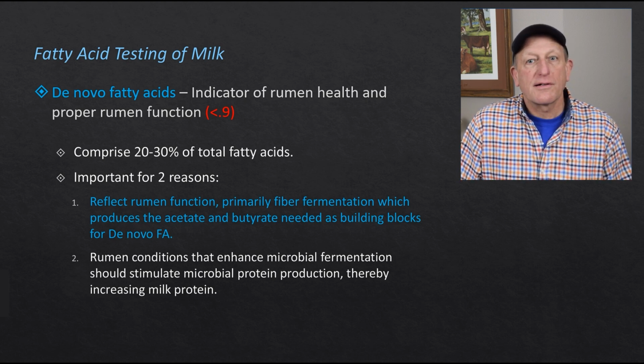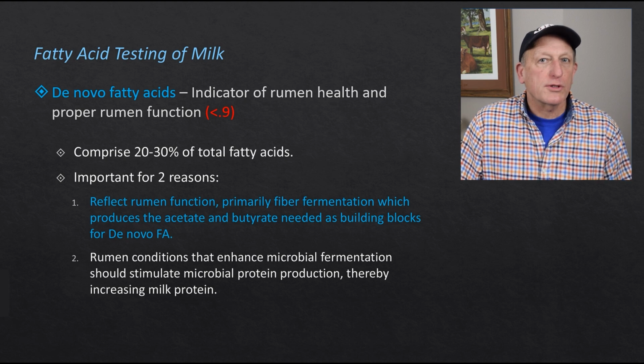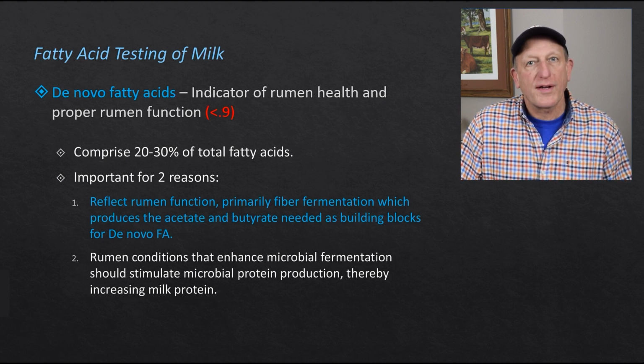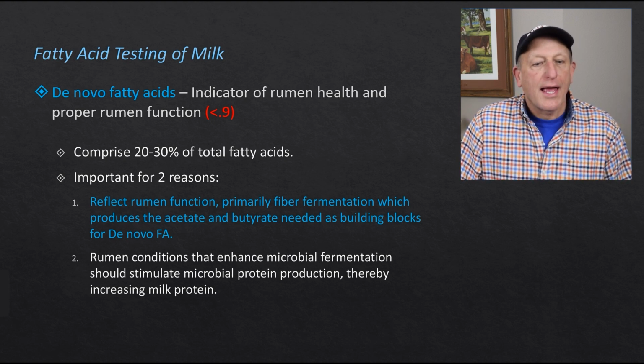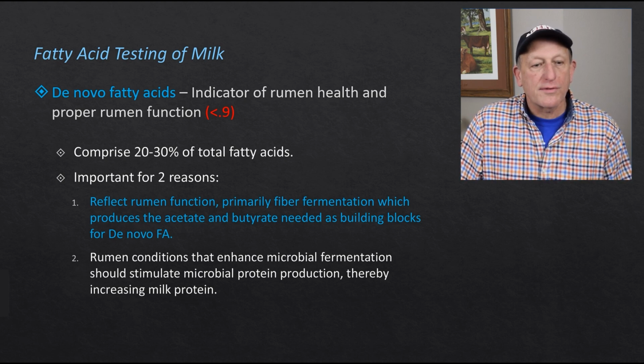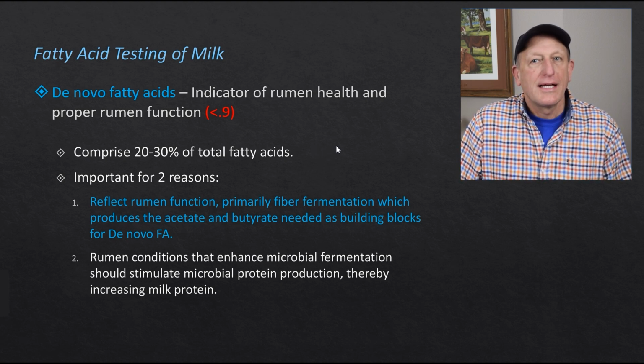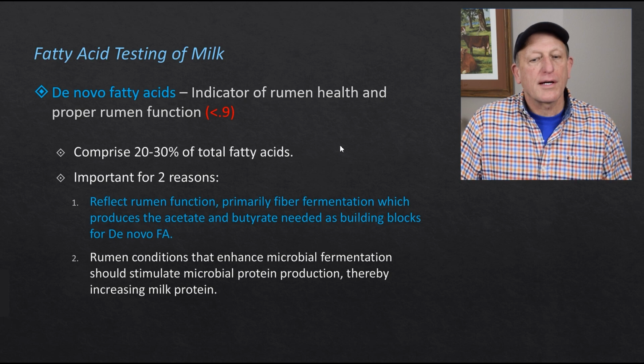They are an indication of rumen health and proper rumen function. They compose about 20 to 30% of the total fatty acids in milk, and when we measure these de novo fatty acids, anything less than 0.9% is a red flag that we have some rumen health issues.